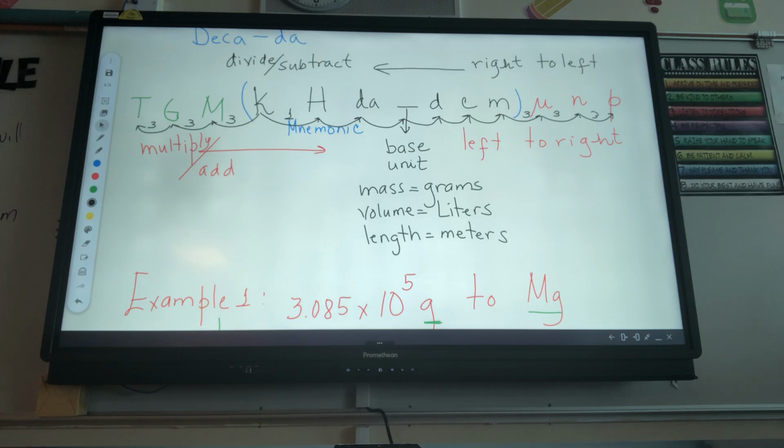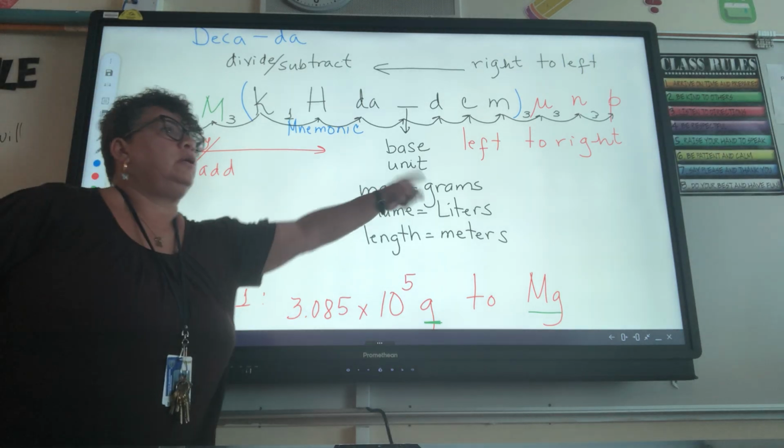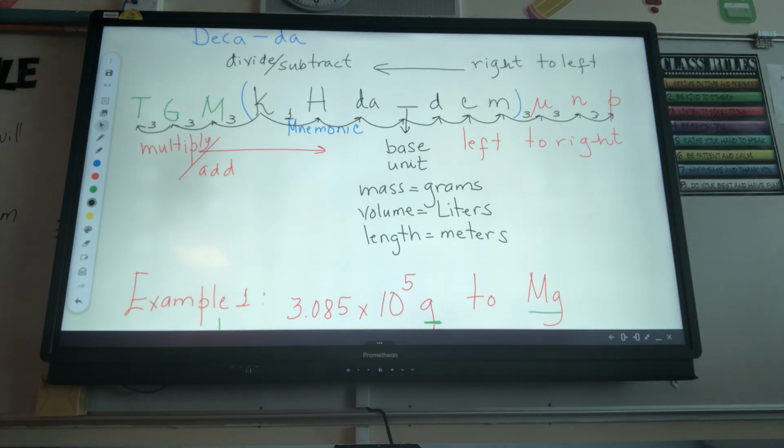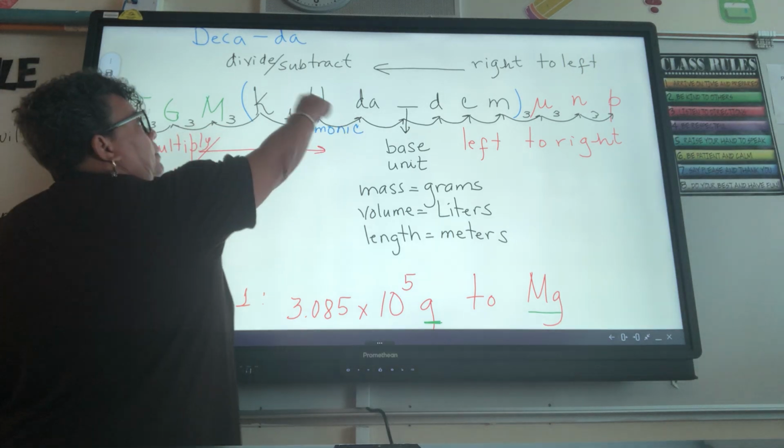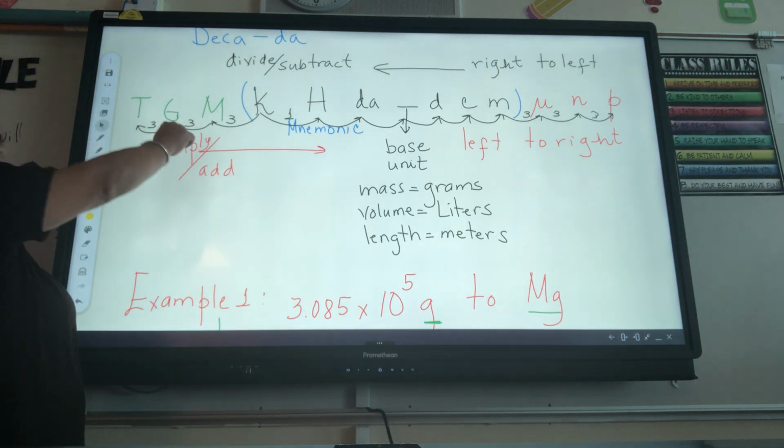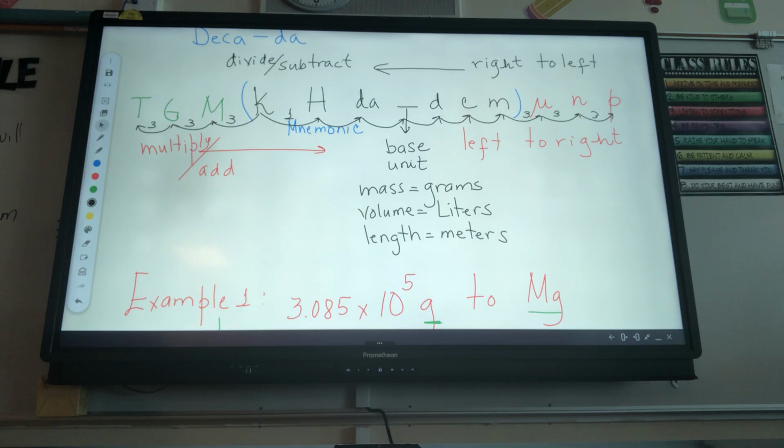So what is the base unit to express mass in the metric system? The gram. Smaller than the gram, the decigram, centigram, milligram, microgram, nanogram, picogram. See that? Okay, you have the prefixes. Bigger than the gram, decagram, hectogram, kilogram, megagram, gigagram.